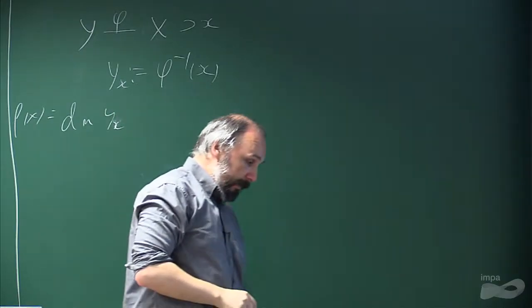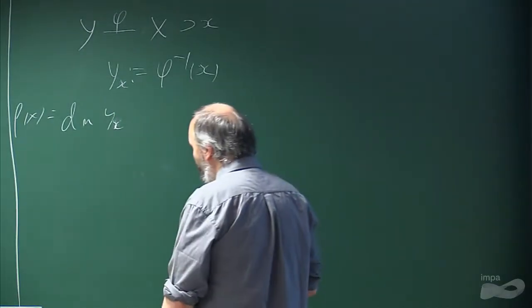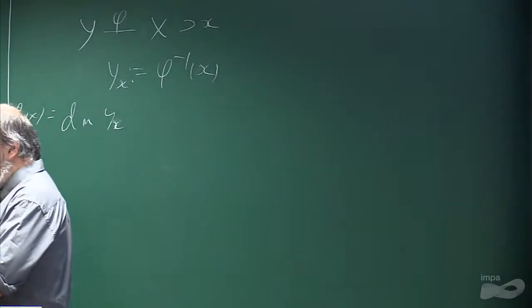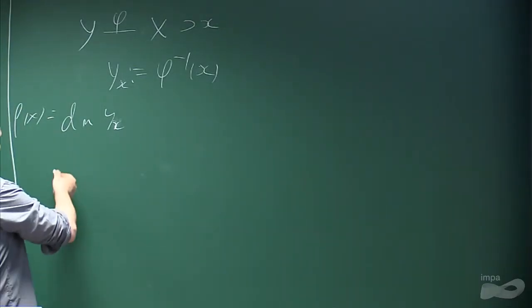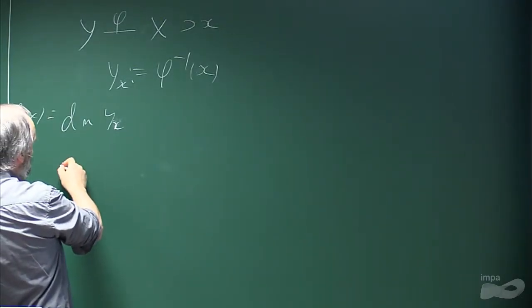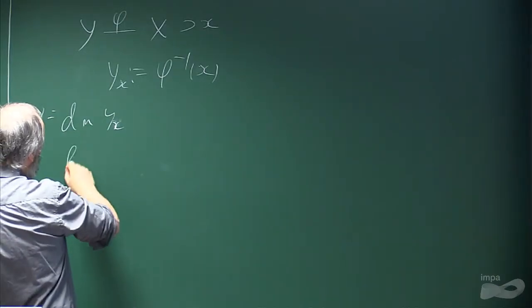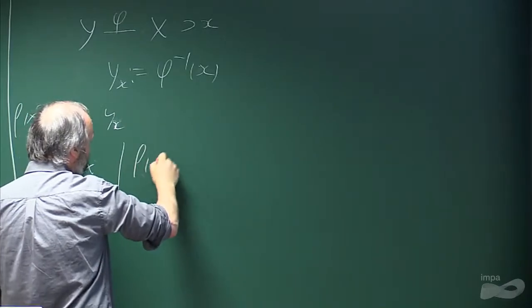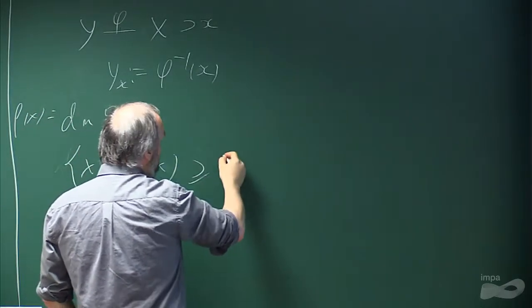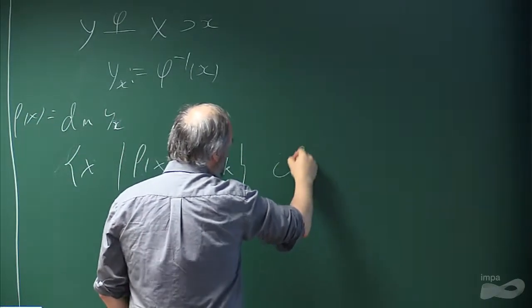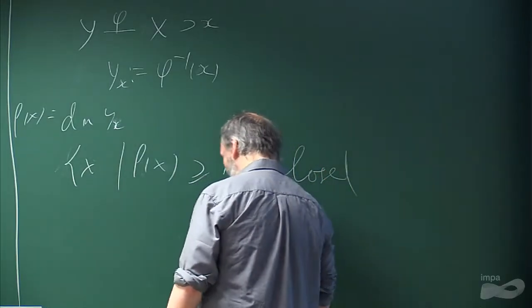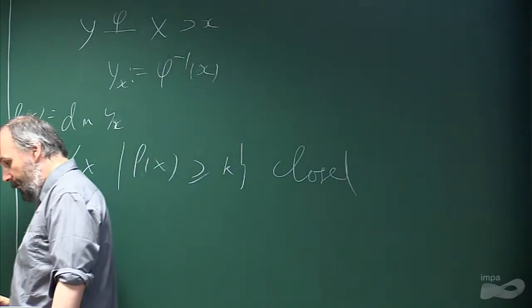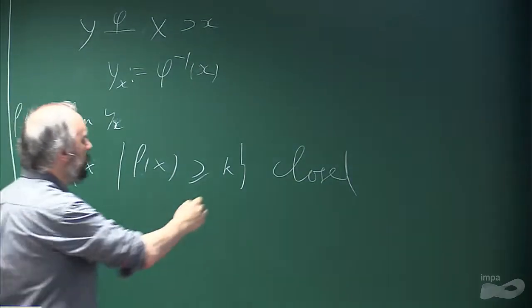Well, there could be 0 or non-zero, for instance. And what I will tell you today is that, let's say f, the set of all x such that f of x is bigger or equal than k is Zariski closed.